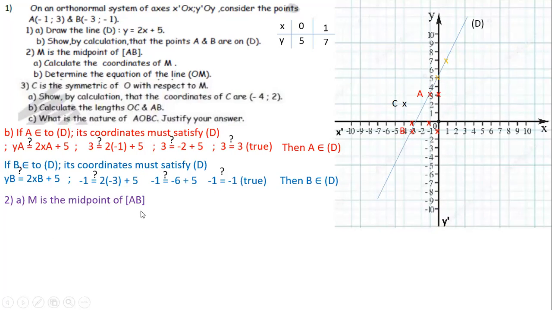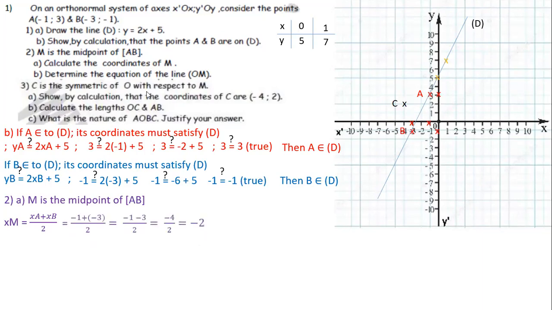XM equals XA plus XB over 2. Bravo. So XM equals XA plus XB over 2. Now let's replace, Fadl. XA is -1 plus XB is -3.